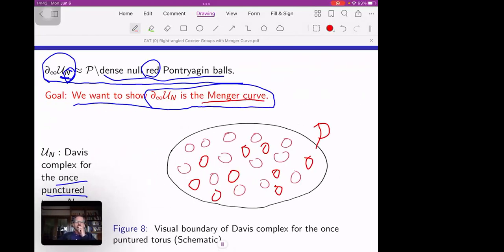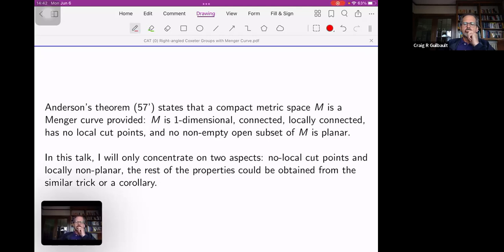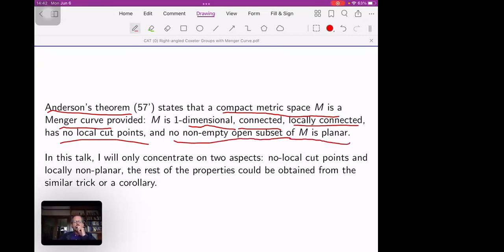Since we want to prove this is the Menger curve, we have to mention a good theorem. This is very useful for us to prove that our visual boundary is really a Menger curve. Anderson's theorem states that a compact metric space M is a Menger curve, provided M is one-dimensional, locally connected, and has no local cut points, and no empty open subset of M is planar.